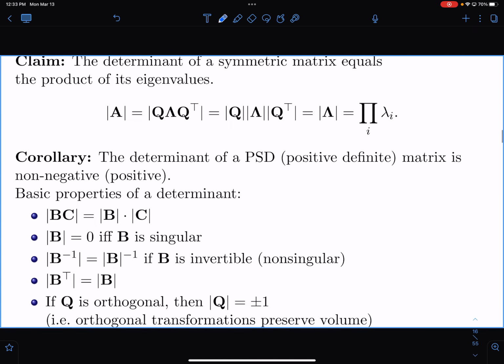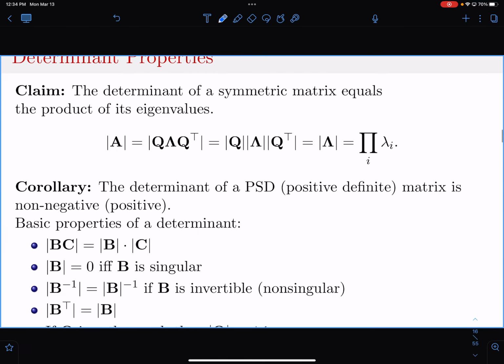Some determinant properties. I think the one up top here is probably one you'll occasionally see. In general, if you take the determinant of a product of matrices, it's going to be the product of the determinants of each individual matrix. So for Q lambda Q transpose, you can decompose it into this form. And we can actually group the Q transpose and the Q together again.